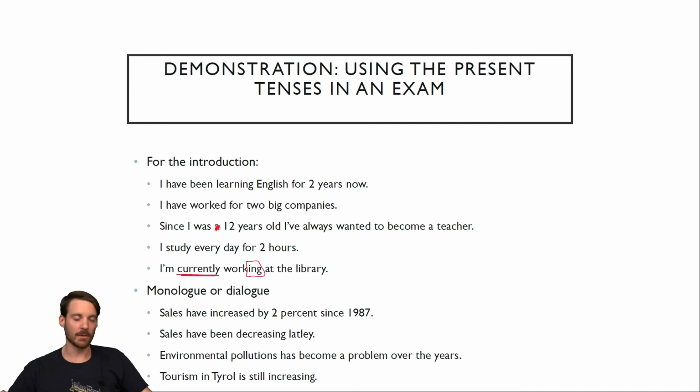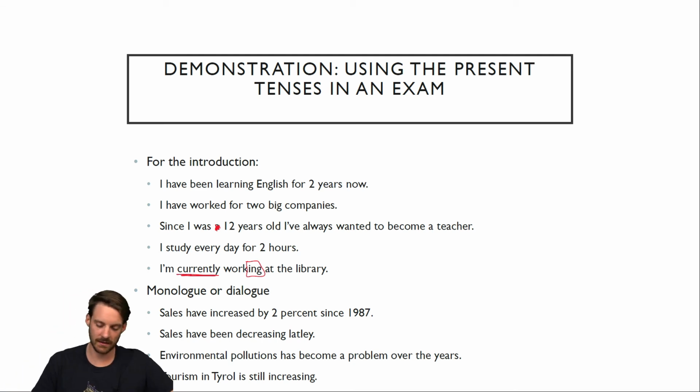Then with the monologue and dialogue, there are a lot of things you should talk about and can talk about, but I've come up with only 4 sentences that might help you. For example, sales have increased by 2% since 1987.